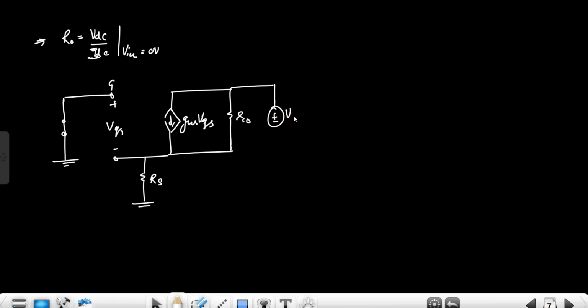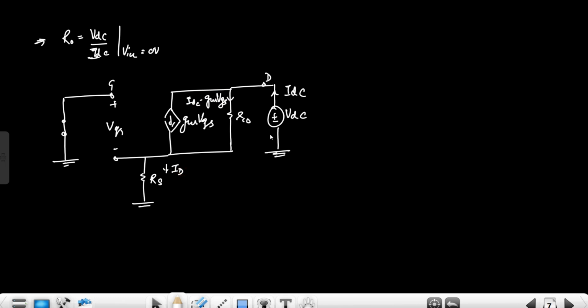I'm replacing this output voltage with VDC and the current flowing across this as IDC. So here this is the IDC, so this will be IDC minus GM VGS, right? This is IDC minus GM VGS, and here also it is IDC.